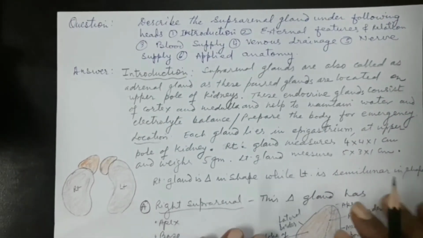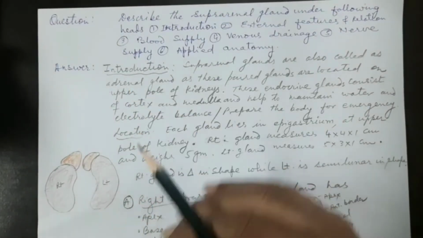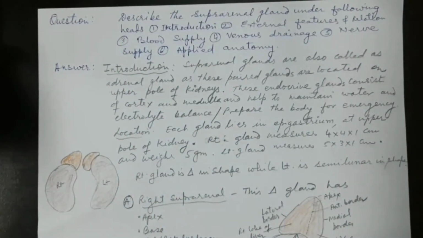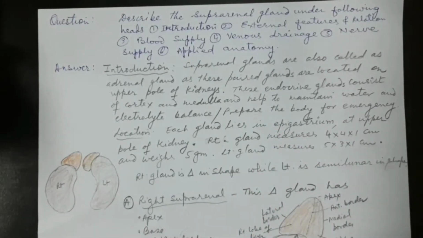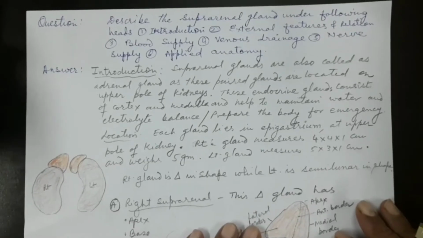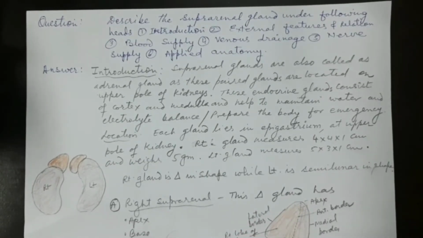So in the answer we will first write the introduction of the suprarenal gland. Now the suprarenal glands are also called adrenal glands, as these glands are located on the upper poles of the kidneys, on the right kidney as well as on the left kidney.